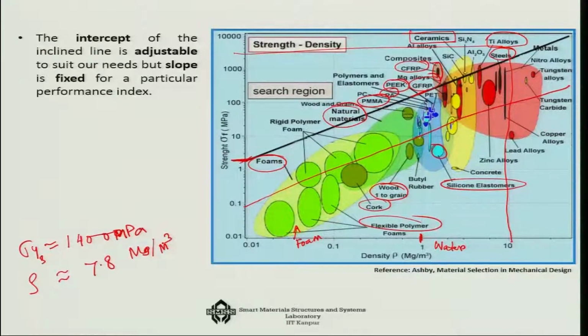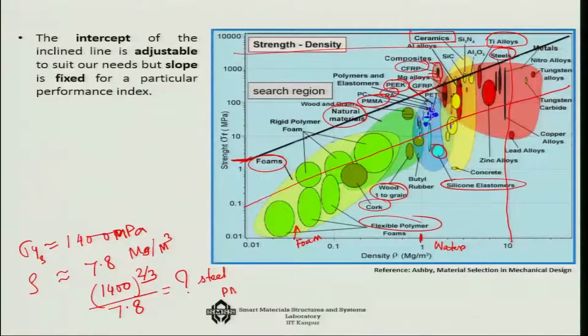So basically we can then use this relationship that this is 1400 to the power 2/3 divided by 7.8, and you can see what is the value that you are getting out of it. And similarly you can calculate this for some of the other cases like PMMAs. Okay, so this is for steel, you can check it.